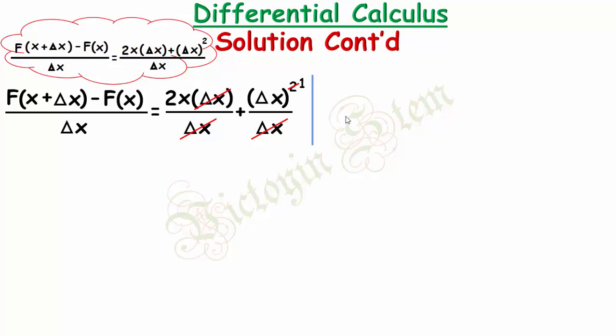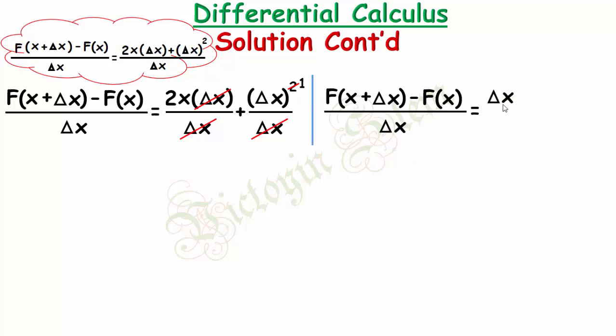Now the alternative method is this. Looking at the numerator of this algebraic fraction, delta x is common. So I can factorize delta x, so that 2x delta x divided by delta x, I'll be left with 2x. So I'll write 2x here, and then I write this symbol plus delta x to the power of 2 divided by delta x, I'll be left with delta x. So I'll close my bracket and draw a line, and the denominator is delta x. So at the numerator and denominator, I have delta x.